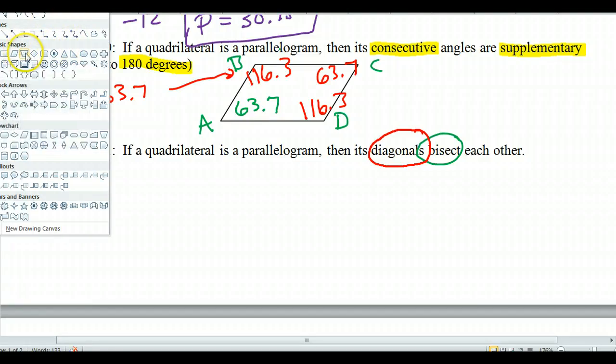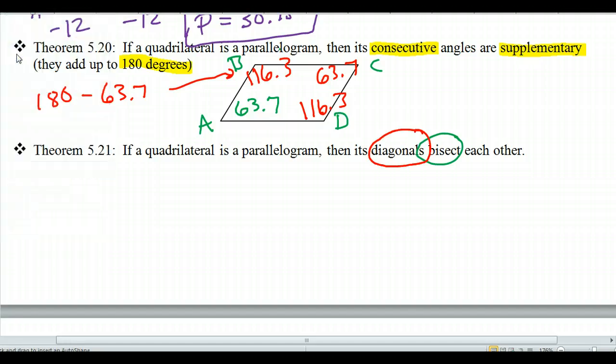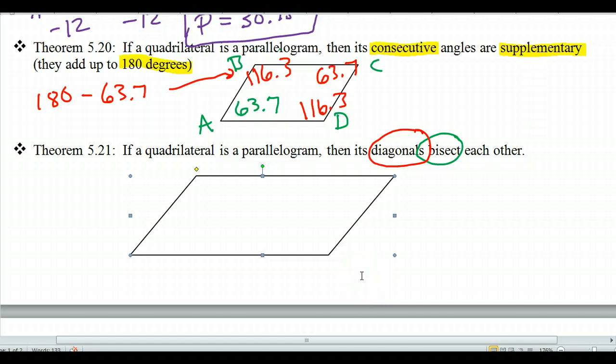Okay. Before I just ask a bunch of people, let me do a survey. This theorem says diagonals bisect each other. Raise your hand if you think you know what diagonals are. Okay, so we need to know what diagonals were.